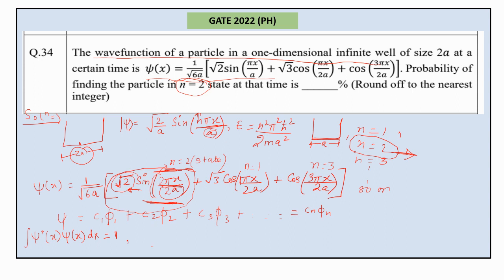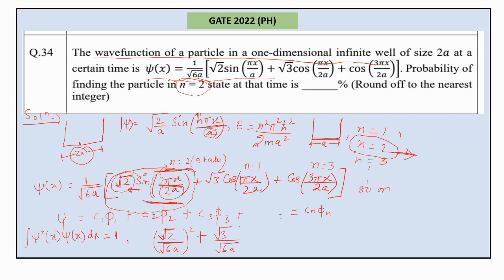If you do normalization here, you'll get 2 under root 6a. The sine terms will add up to give 1, so there is no need to include them. This will become root 3 upon root 6a.